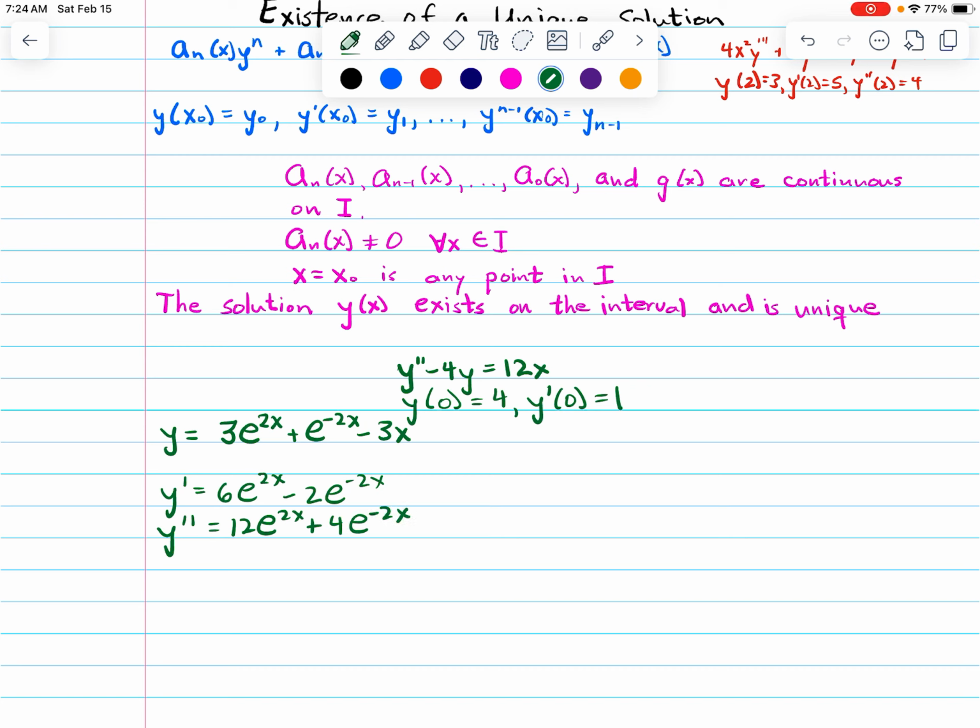And for it to be a solution, I need to take y double prime minus 4y and that needs to equal 12x. So let's see if it indeed does. We've got 12e to the 2x plus 4e to the negative 2x, and we're subtracting 4 times the solution, or the y value. So this is 3e to the 2x plus e to the negative 2x minus 3x.